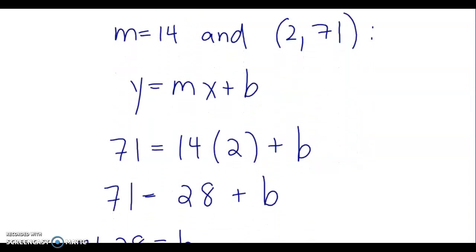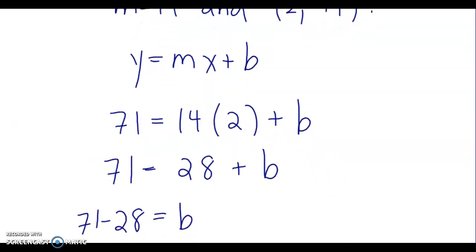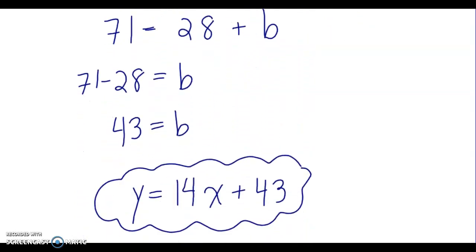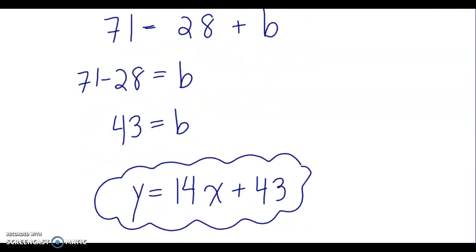Both ordered pairs will give us the same answer for our y-intercept. So I plug in x, y, m is 14, and we solve for b, and we end up with b equals 43. So I put this all together, my slope and my y-intercept, and there's my equation. y equals 14x plus 43.